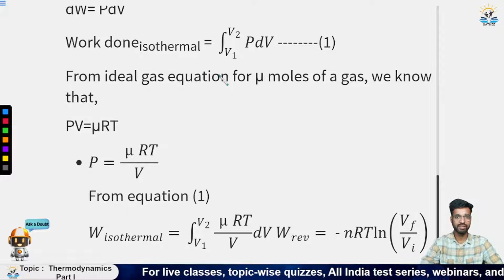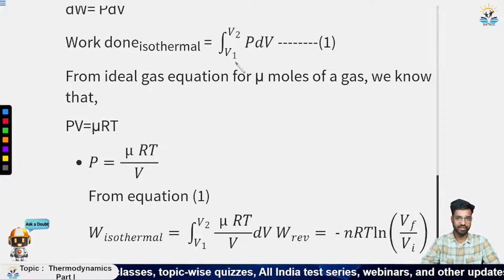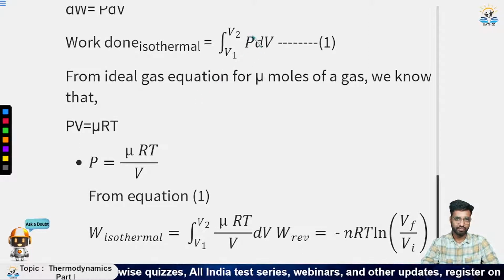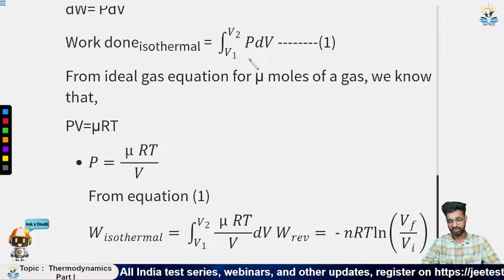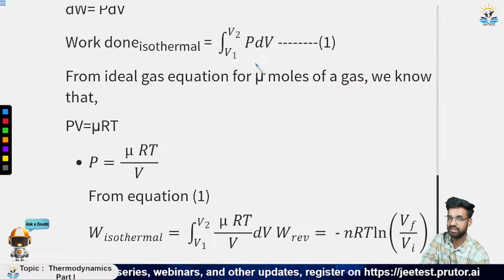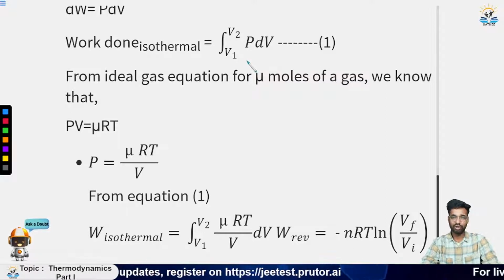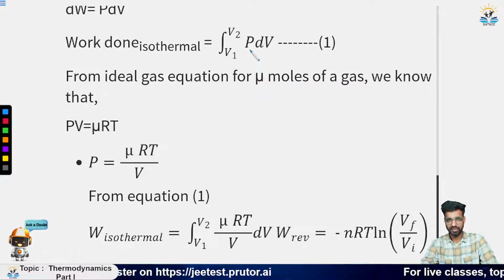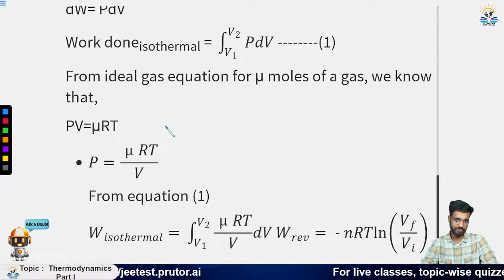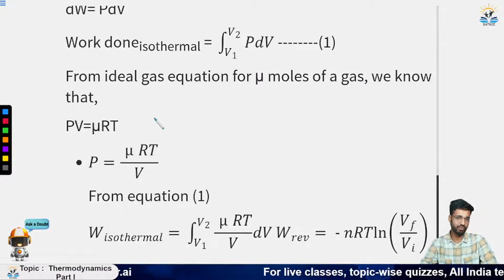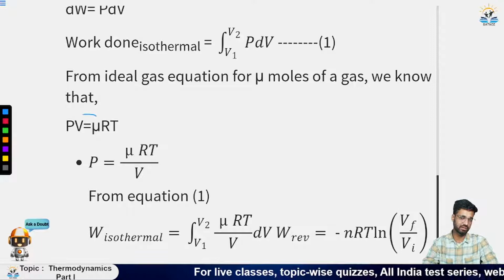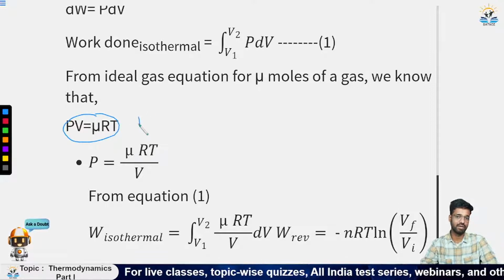Now you can see here that we have PdV, so we need a volume term. Because we do not know whether the pressure is changing or not, we are not given any idea about that. But we know that volume is of course changing. So we will replace this P with nRT by V. This is the ideal gas law.